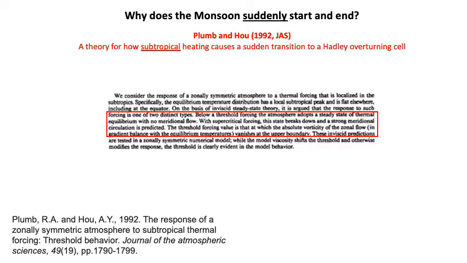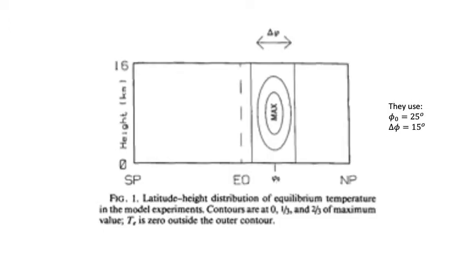With supercritical forcing, the state breaks down and a strong meridional circulation is predicted. The threshold forcing value is that at which the absolute vorticity of the zonal flow in gradient balance with the equilibrium temperatures, which is to say thermal wind balance, vanishes at the upper boundary. So this is actually an extension of Held-Hou and Lindzen and Hou theory that they're applying here to thinking about subtropical heating.